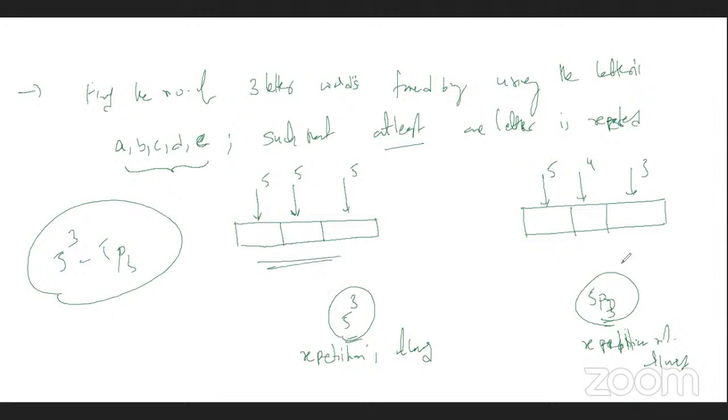In this 5 cube, can we get all 5P3 possibilities? Definitely we will get it. Yes, sir. So in 5 cube, definitely we will get all the cases of 5P3. So if we subtract those 5P3 from the total ways, definitely we will get at least 1 letter repeated.